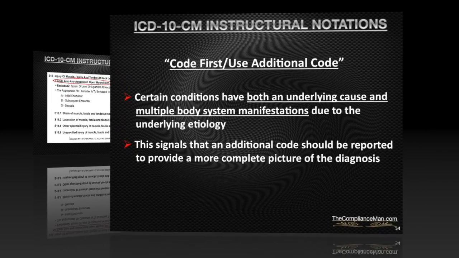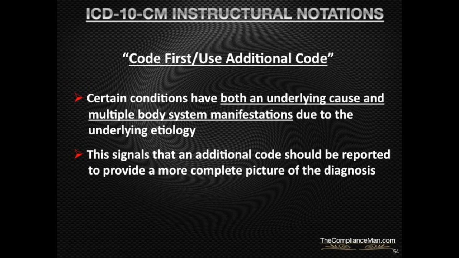The next instruction you might see in the tabular list is code first, use additional code. So what this means is that there is both an underlying cause and multiple body system manifestations due to the underlying etiology. So this signals that an additional code should be reported to provide a more complete picture of the diagnosis.